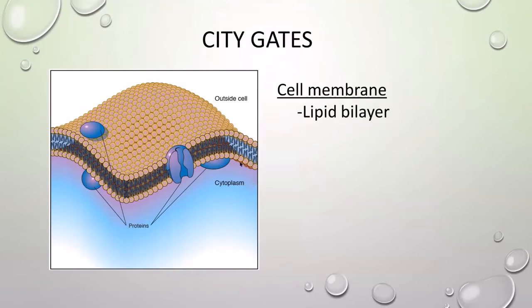The lipids, the cell membrane is made of molecules that the one side of the molecule is hydrophilic, and so it wants to be pointed either outside or inside. And the other part of the molecule here is hydrophobic. It's almost like an oil, one that doesn't like water.